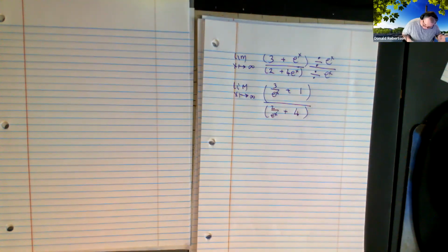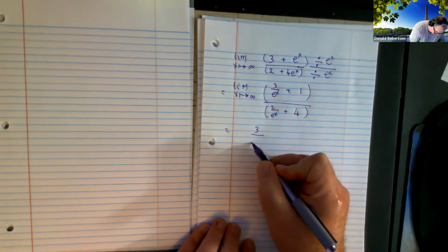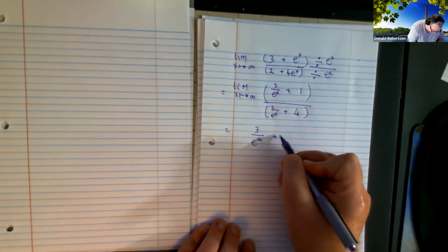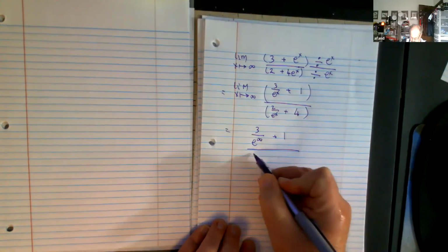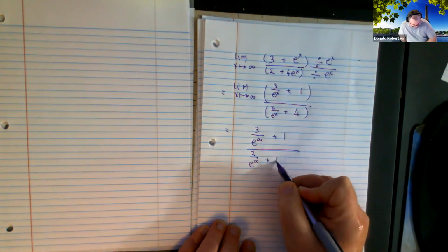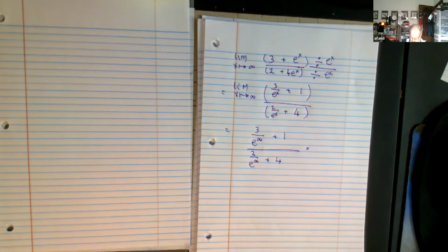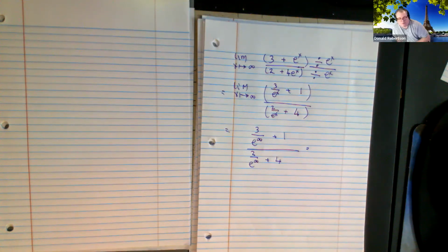Now we're going to do brute force, just like it was any other question. And it's going to be 3 over e to the power of infinity, add 1. And on the bottom, 2 over e to the power of infinity, add 4. So far, so good? Now, you've got to think of infinity in a special way.